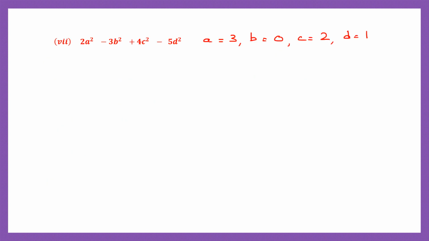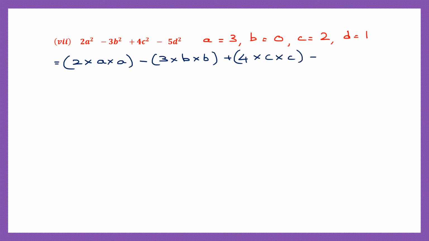Question 7. So let's begin. 2a square will be 2 into a minus 3b square will be 3 into b plus 4c square will be 4 into c minus 5d square is 5 into d.